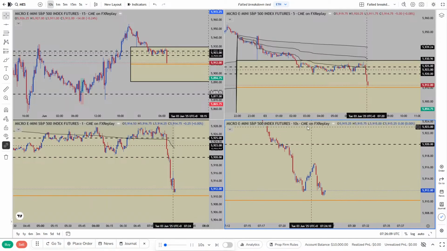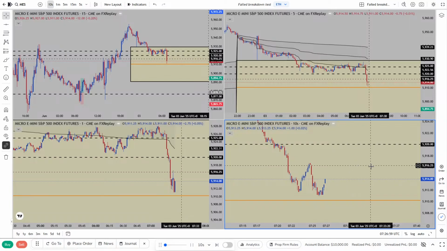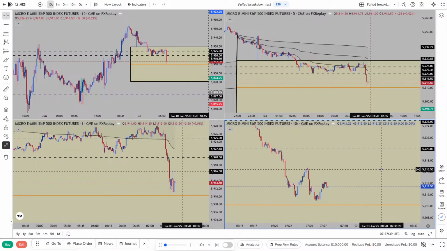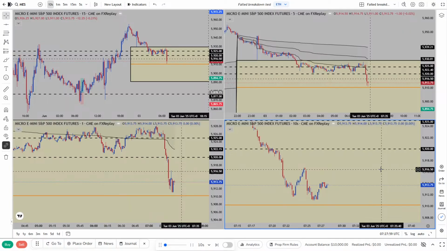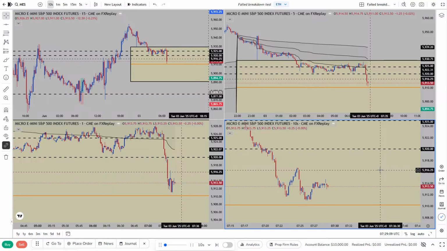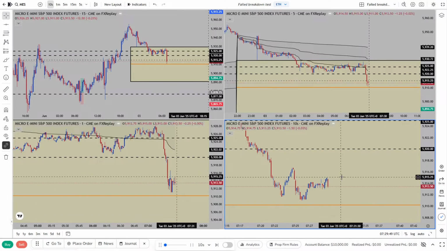So I'm gonna be taking the entry at the 10 seconds after, of course, a clear acceptance. Double test of the previous VWAP.